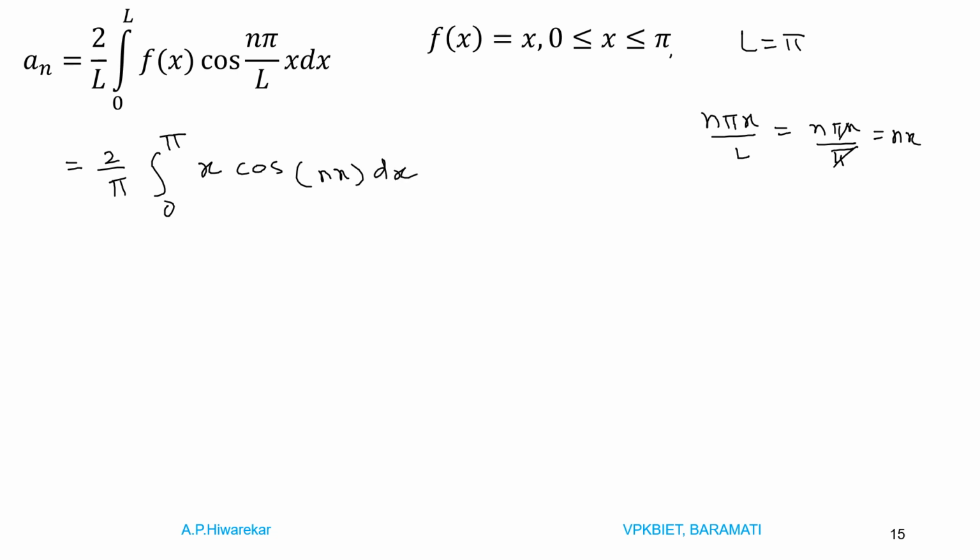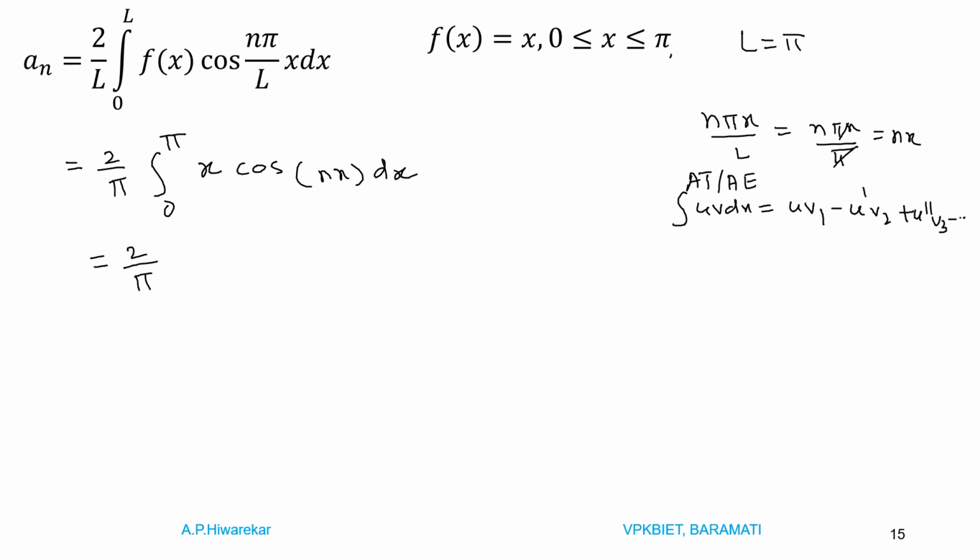To evaluate this integral, we have the formula for integration of uv dx, that is uv1 minus u dash v2 plus u double dash v3 minus and so on. Here the algebraic function is x and the trigonometric function is cos nx.